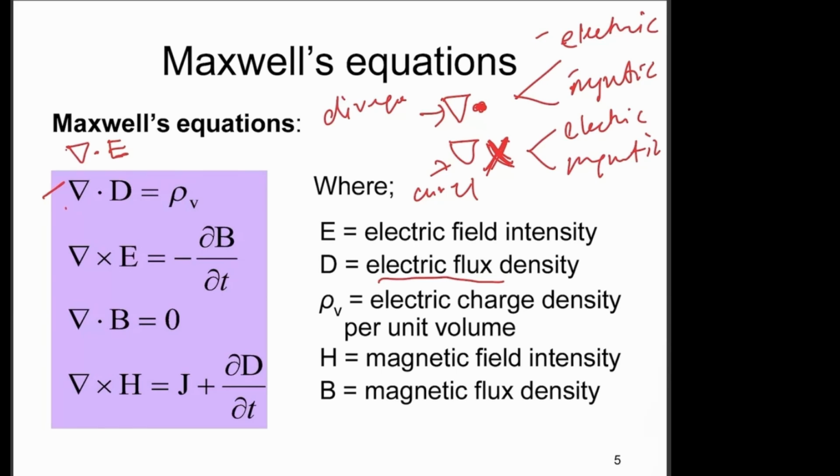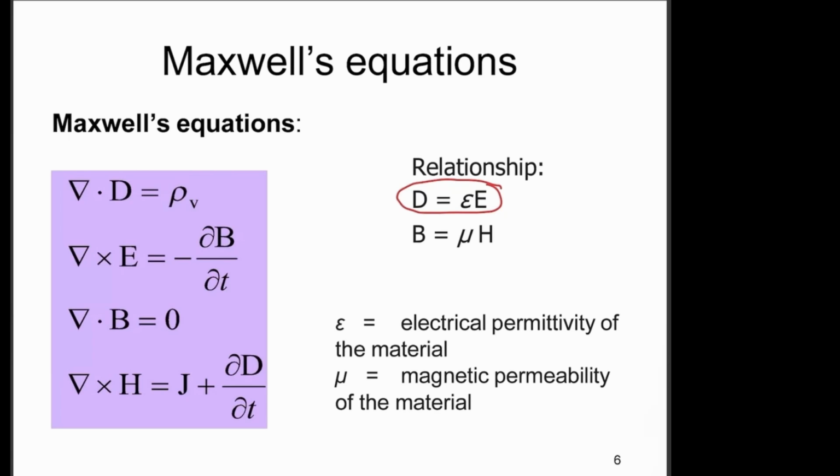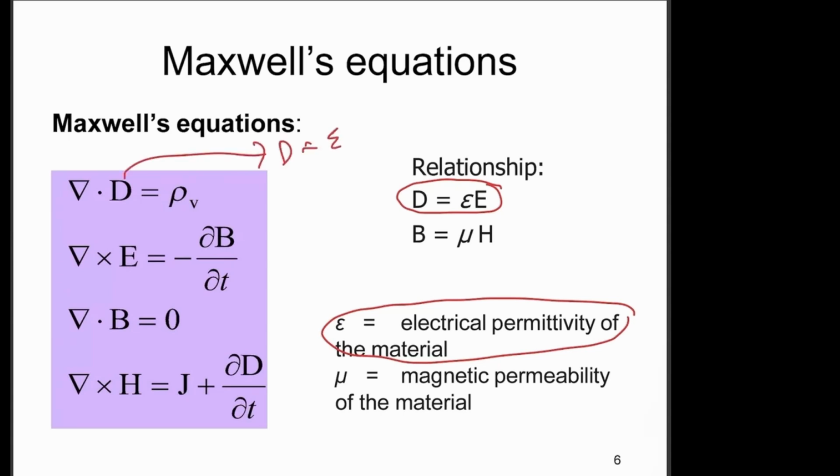In this case, we write D, which is equal to epsilon times E, where epsilon is the electrical permittivity of the material. So this equation can also be written as del dot E equal to rho V over epsilon.